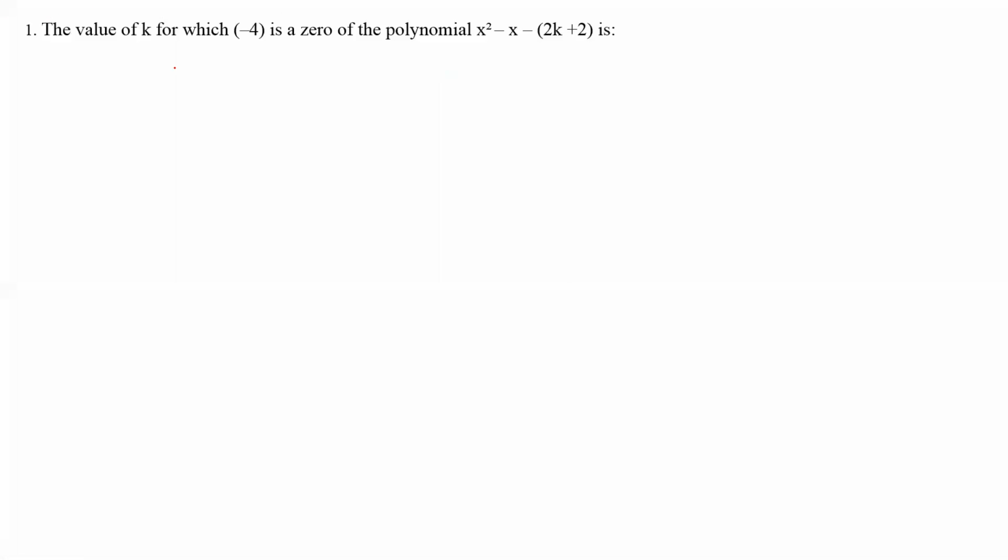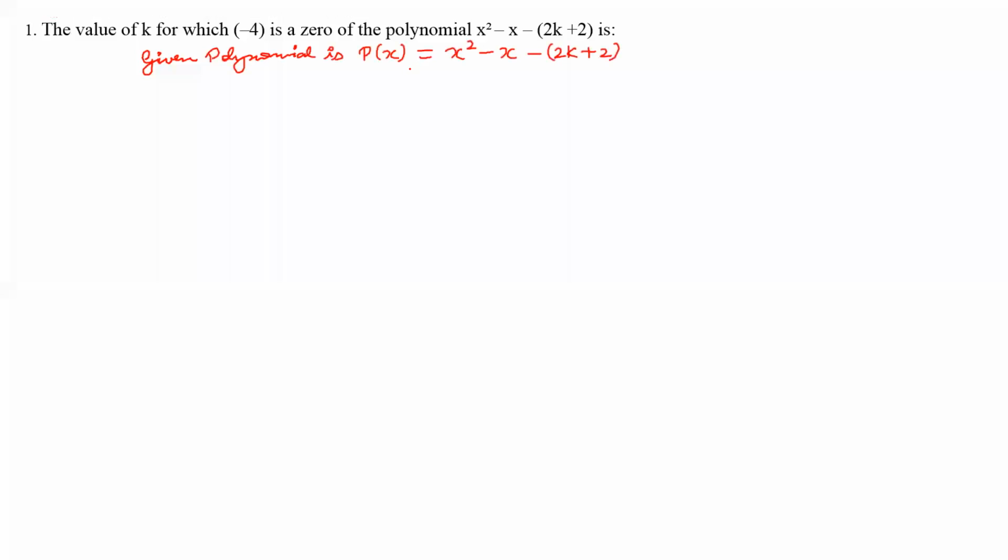So the value of k for which -4 is the zero of the polynomial. First we will write down the polynomial. Given polynomial is, and this is the accurate procedure to write down the answer. Let us consider the polynomial as p of x, and that polynomial is x square minus x minus 2k plus 2.